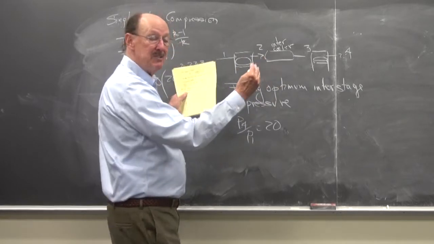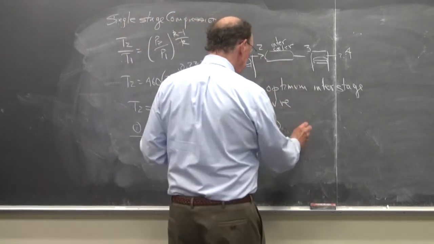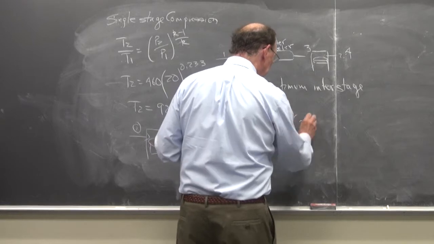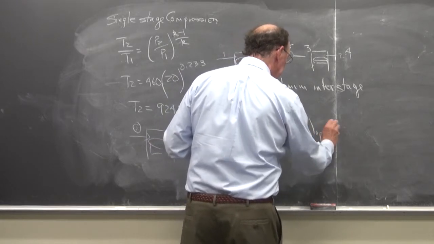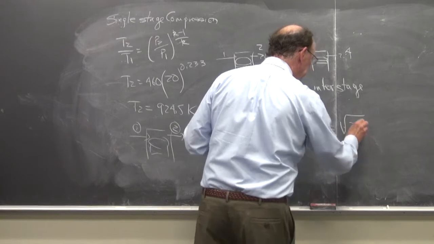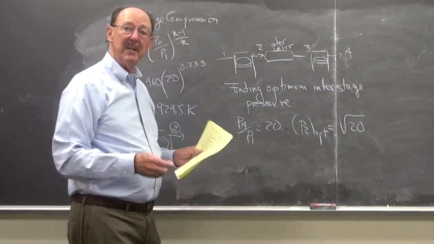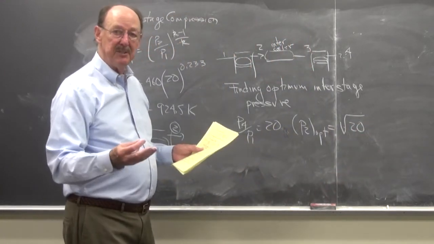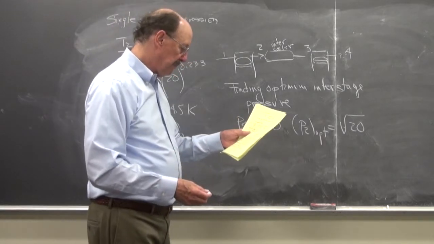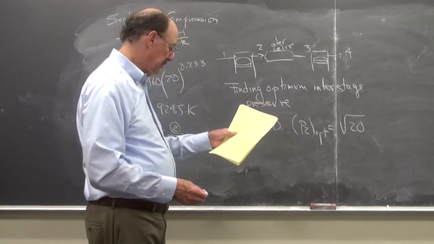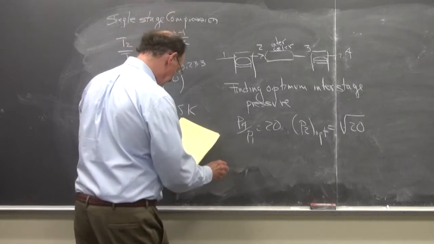So if I'm looking at this overall pressure increase, P2 for the optimum is equal to the square root of the overall pressure rise. And so the derivation is shown in the text. I find people are not terribly thrilled to watch that unfold.